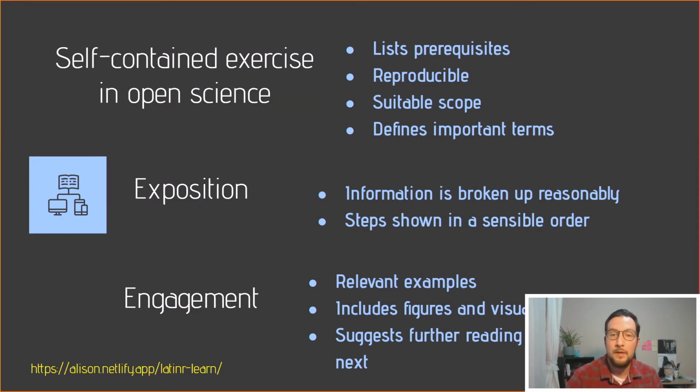Many of these points come from a recent presentation by Alison Presmanes Hill from RStudio. The link is at the bottom. In general, she suggests breaking things up into digestible chunks, laying them out in the right order, and always providing prompts for the reader to learn more if they're interested in the topic: what to learn next, what to do afterwards.